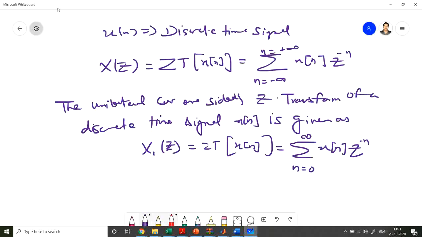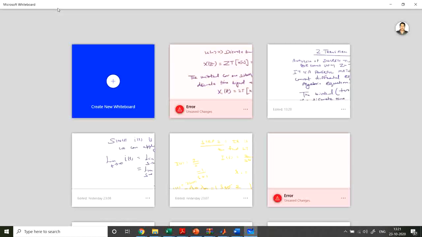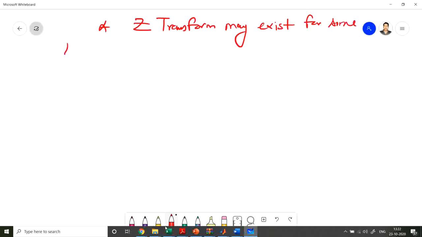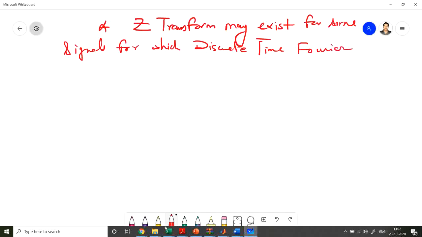Basically, if we are talking about the Z transform, then the Z transform may exist for some signals for which the discrete time Fourier transform, DTFT, does not exist.